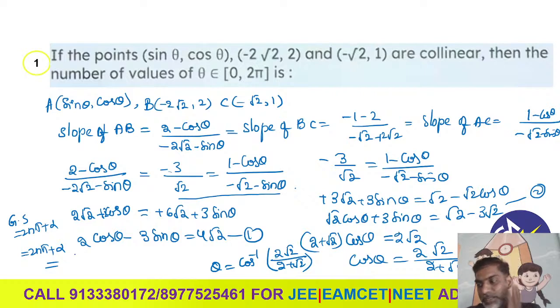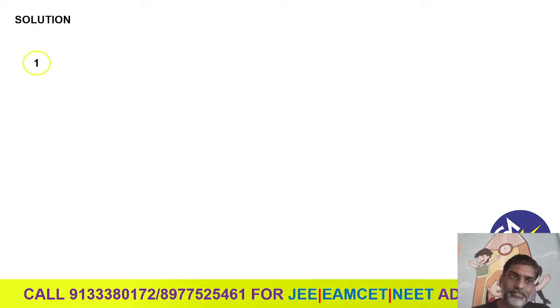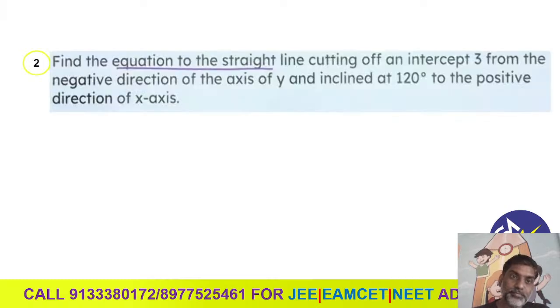Okay, I think it is clear to you. And for different n values in this limit, 0 to 2 pi means only the principal solution. I think we can get two solutions.